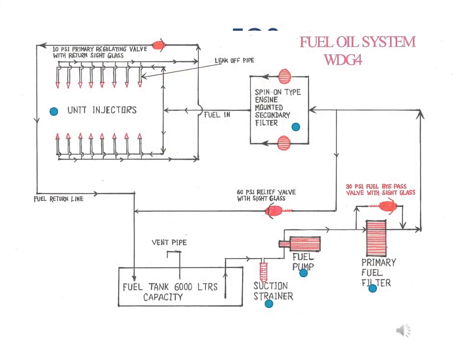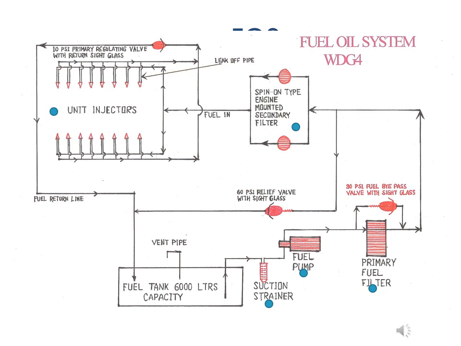Fuel oil system of HHP locomotive. The major components involved in the fuel oil system of HHP locomotives were already discussed in previous slides. Now let us understand the complete layout of the fuel oil system. Fuel oil is drawn from the fuel tank through a fuel suction strainer by a motor-driven fuel booster pump.